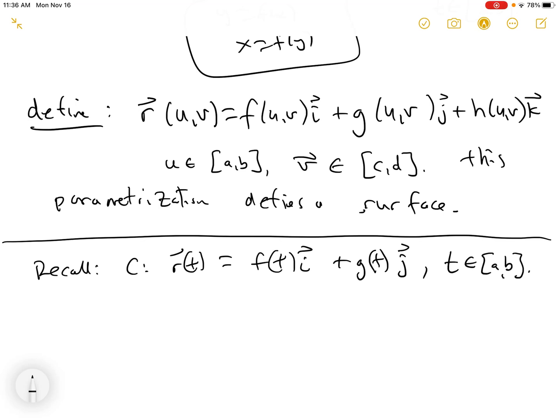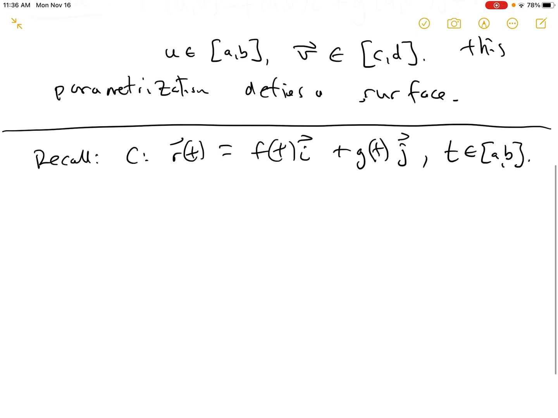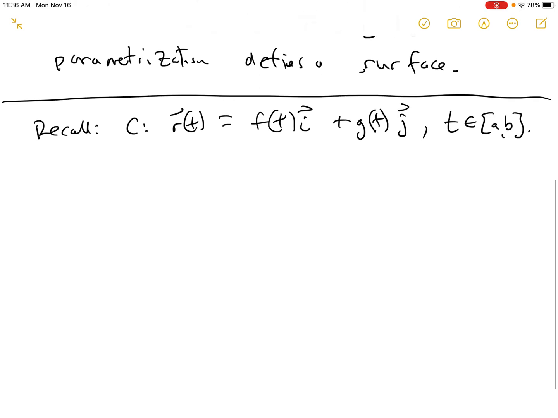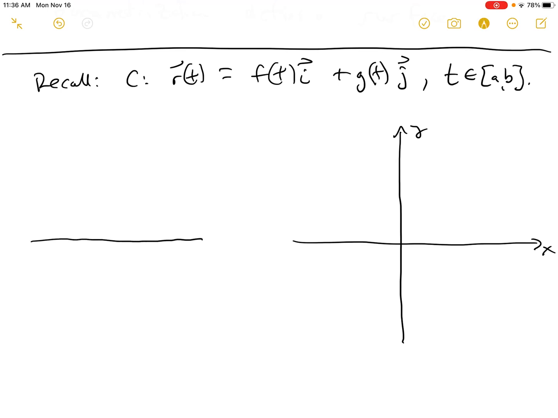So as t runs through a to b, r takes these values and plots it in what? Plots it in the xy plane, right? So over here is where the curve is going to be, and over here I'm just going to have the real number line, and from somewhere along here, a to b, my t runs in here, okay?